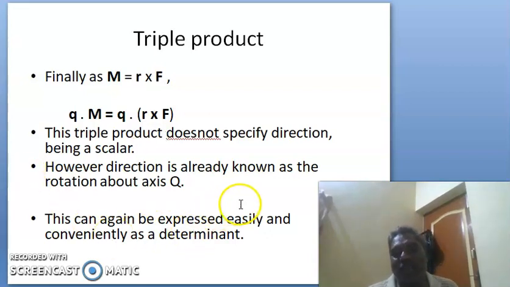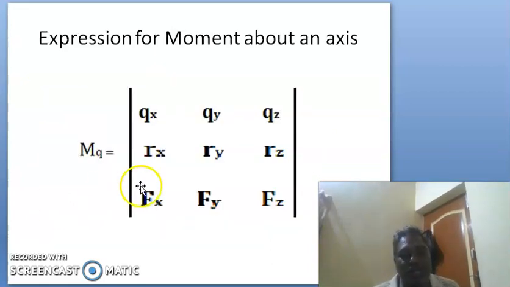This can again be expressed easily and conveniently as a determinant. The determinant form is qx, qy, qz, rx, ry, rz, fx, fy, fz. As you take the determinant here, there is no i, j, k. So finally it is going to be a single numerical value.